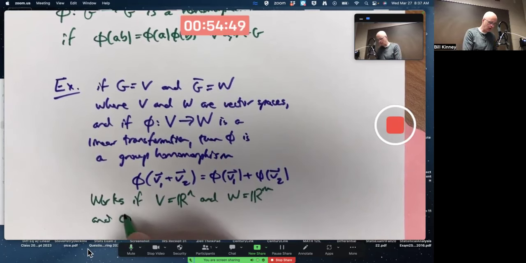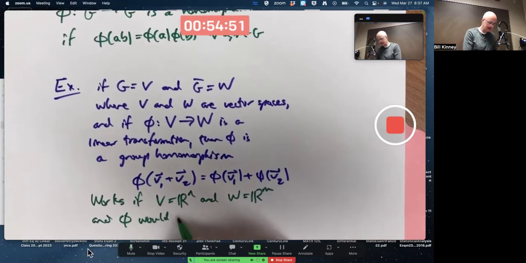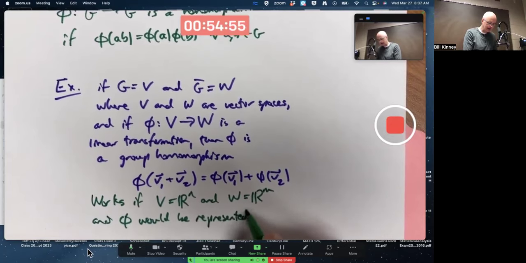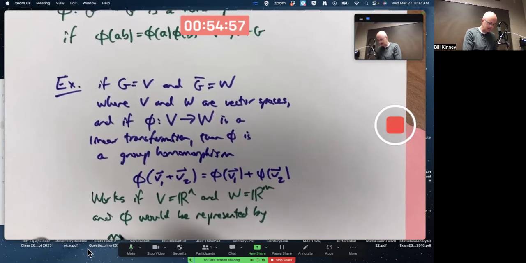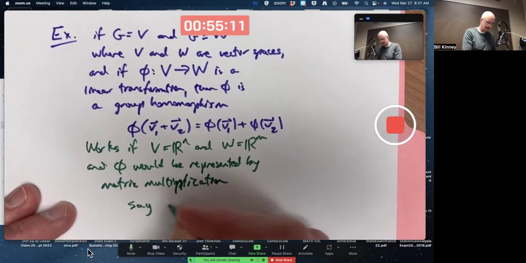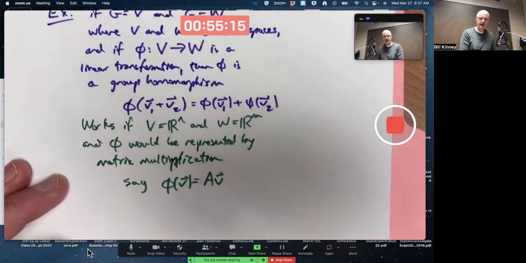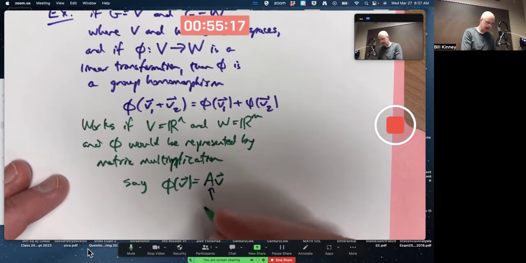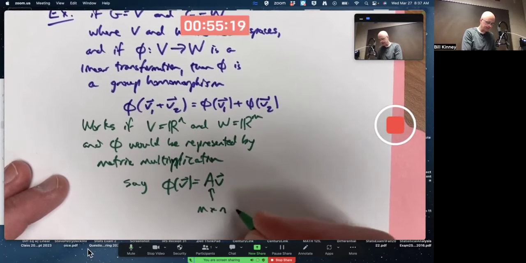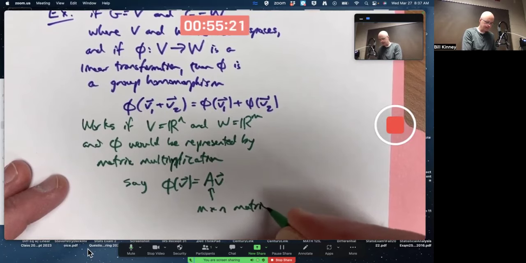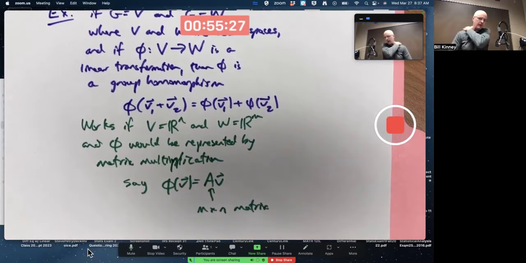And phi would be represented by matrix multiplication. Say phi of V is A times V, for some matrix A, where A would be m by n. That's a prominent example of a group homomorphism, linear transformations.